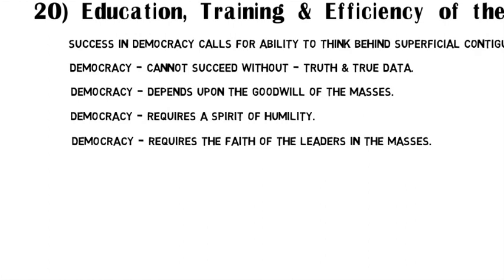I don't need to tell you why data is very important, because if we have data, we know exactly how many people are living below the poverty line, how many people are unemployed, what is the density of poverty in any country for that matter. And therefore, if you want to have a successful democracy, what we need is true data and truth.